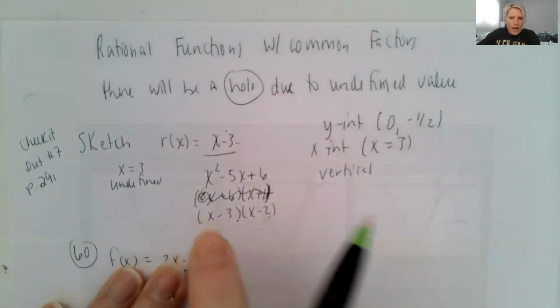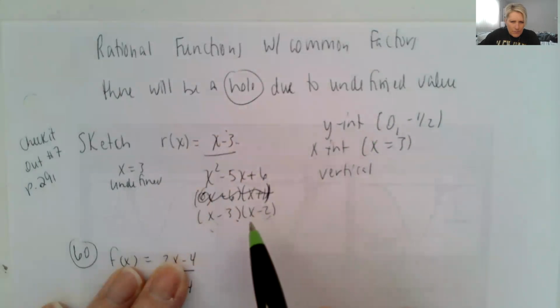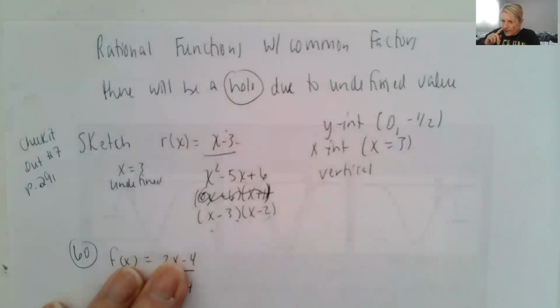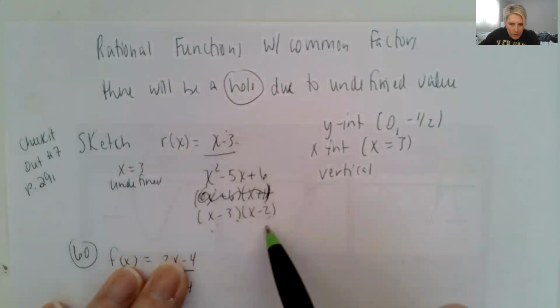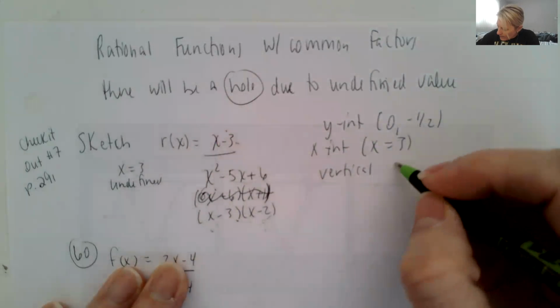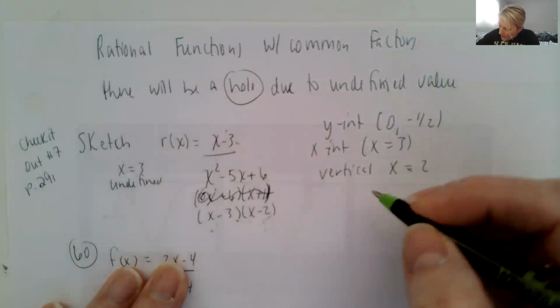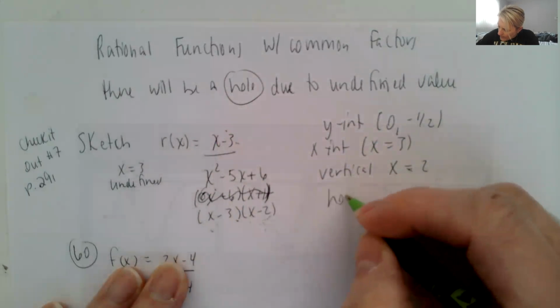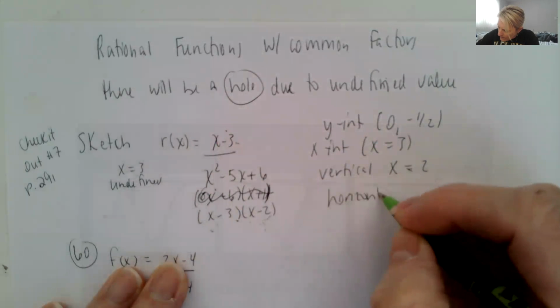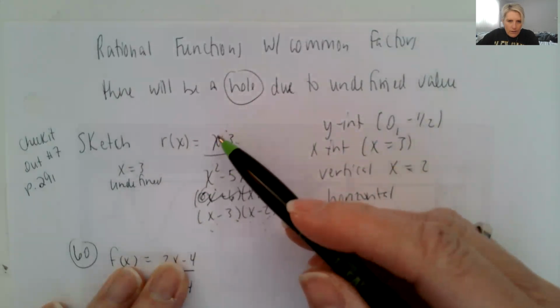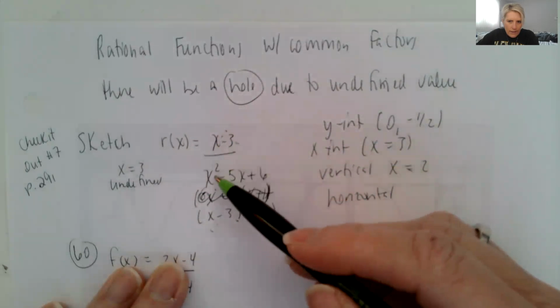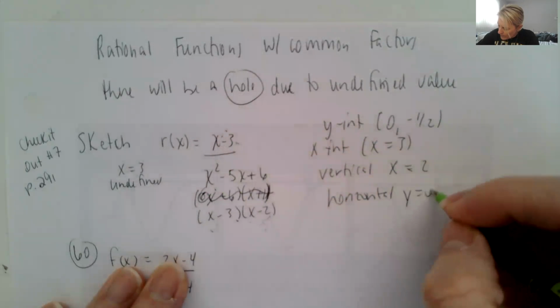Actually, because those factors cancel, we're going to have a vertical asymptote at x equal to 2. And then for our horizontal, the numerator degree is less than the denominator, so it's going to be at y equals 0.